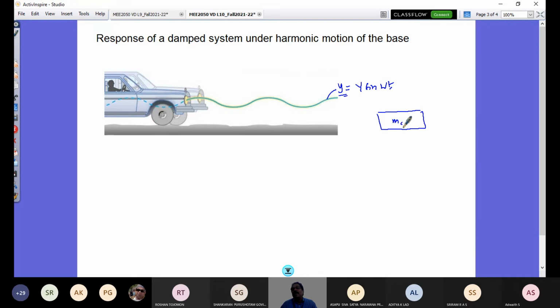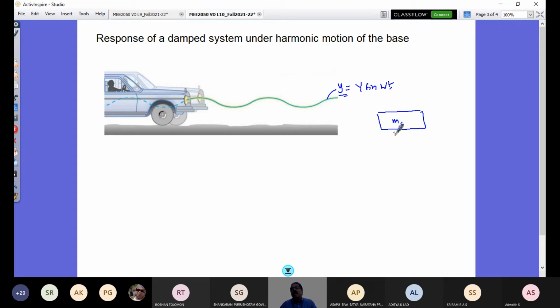So when the vehicle goes over this, it can be modeled as a sprung mass. Sprung mass is any mass above the axle, above the suspension. So the tire and wheel mass, all called unsprung mass, can be neglected when you compare it to the total mass of the vehicle body.